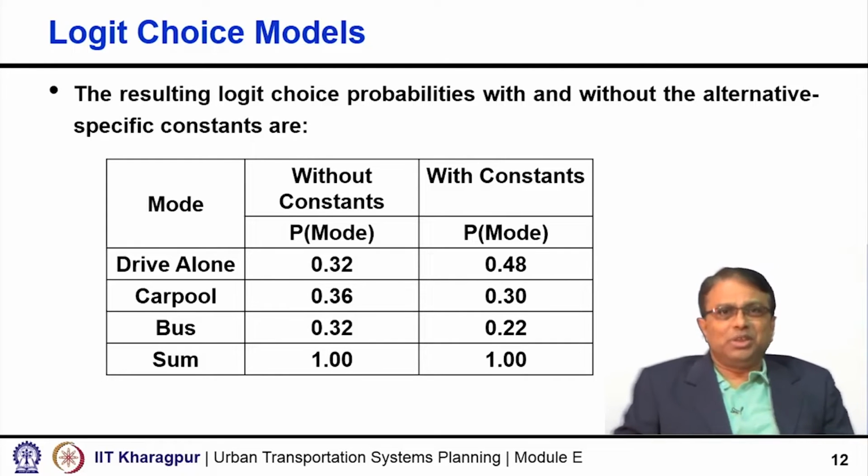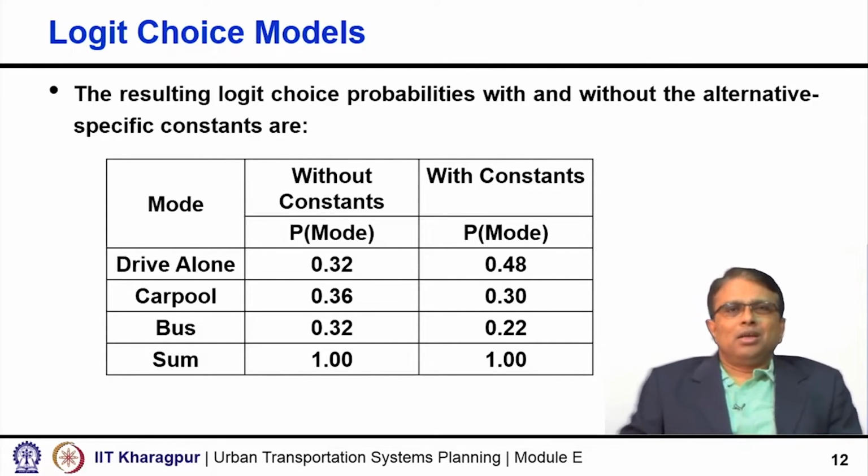You can see here very interestingly, drive alone you have now considered the alternate specific biasness. So, preference will be where? Maximum utility will be for drive alone, followed by logically carpool and then the bus. Bus is base mode 0 compared to bus, a positive value for carpool and even a higher positive value for drive alone. So, utility of drive alone and carpool increases.